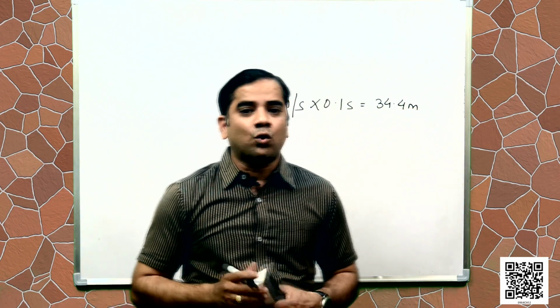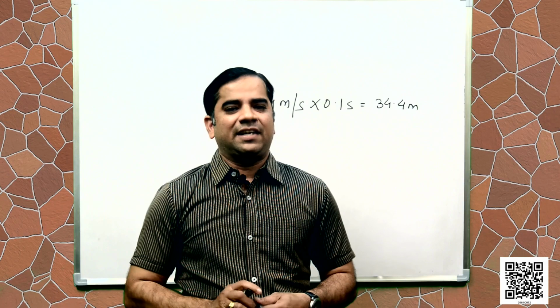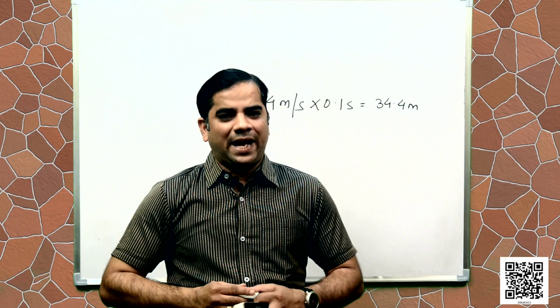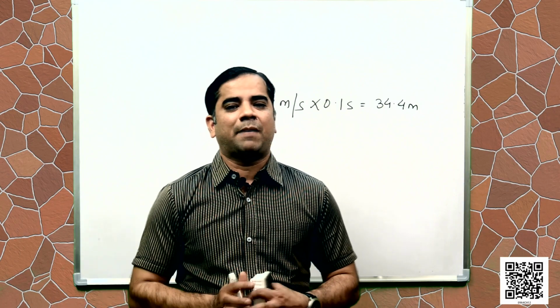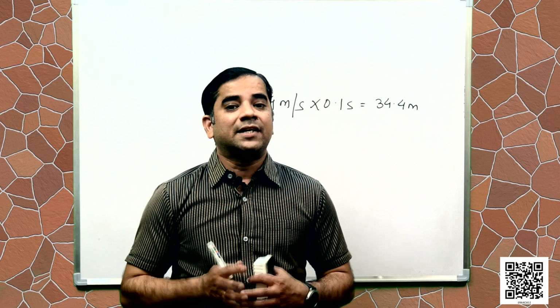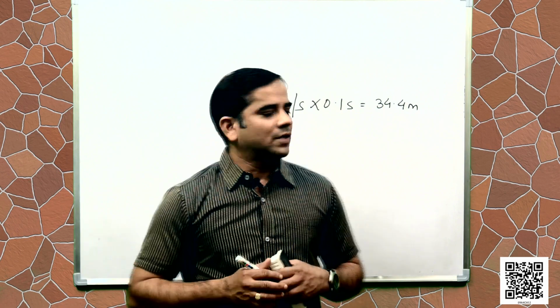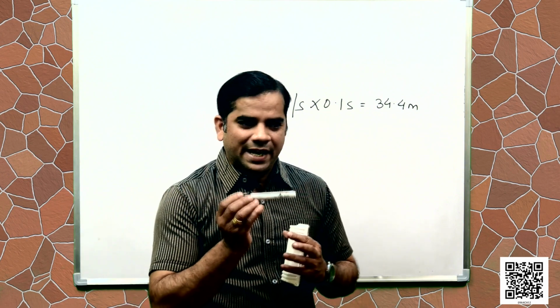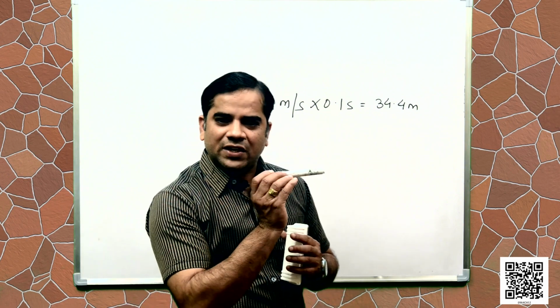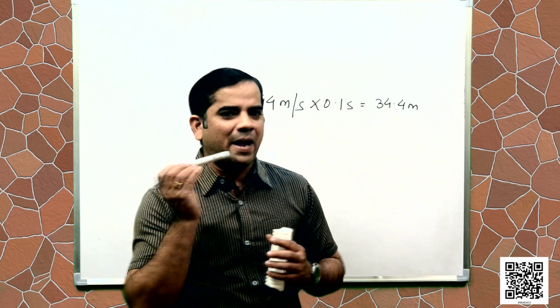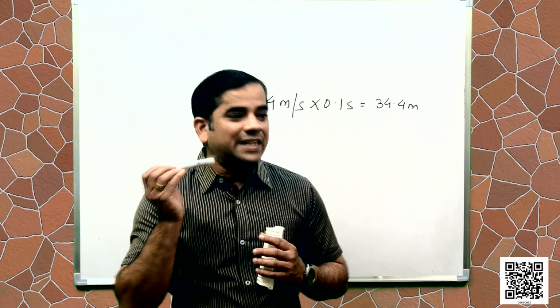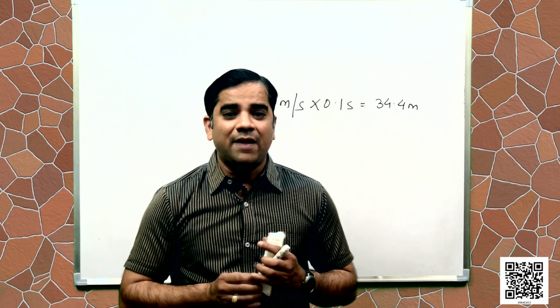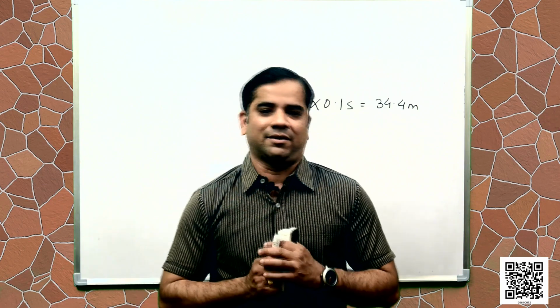So the total distance travelled by the sound should be 34.4 meter. What does it mean? That means the sound should travel, contact the surface of reflection and come back to the listener. This total travelling distance should be 34.4 meter.